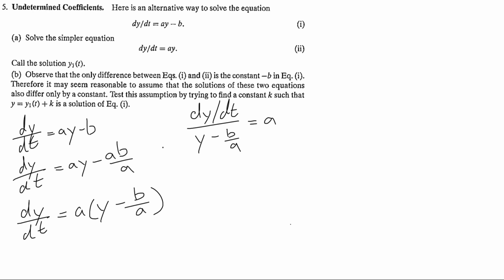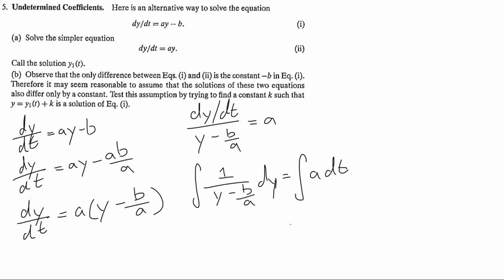Let me just correct that because this doesn't look too good. Okay? So now let's continue. We're going to take the integral of both sides. So integrating this side, we get the integral of 1 over y minus b over a dy is equal to the integral of a with respect to time, right?